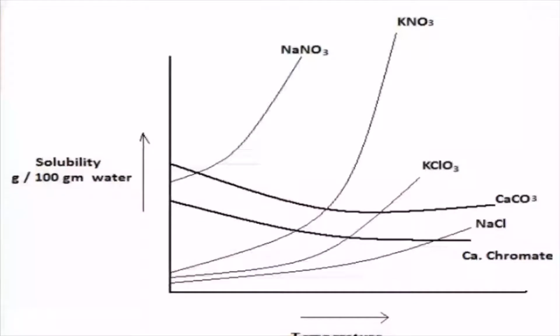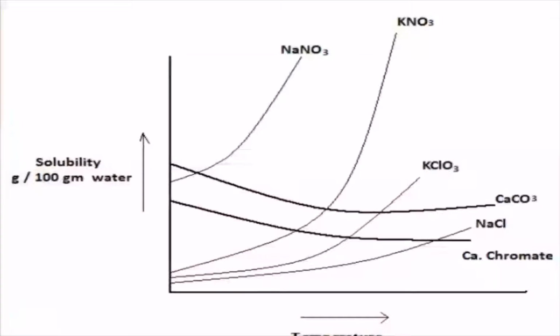So this is the solubility curve. Here on the x-axis we can see the temperature, and on the y-axis we can see the solubility, and here the various compounds are plotted. You can see that with the increase in the temperature, the solubility of compounds like NaNO3, KNO3, potassium chlorate KClO3, and NaCl rises.